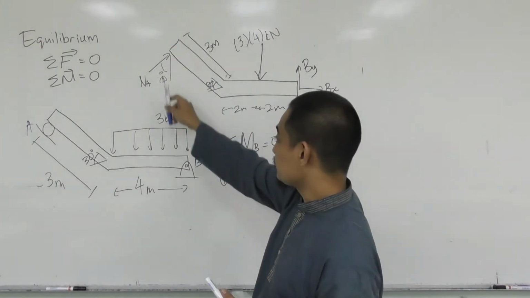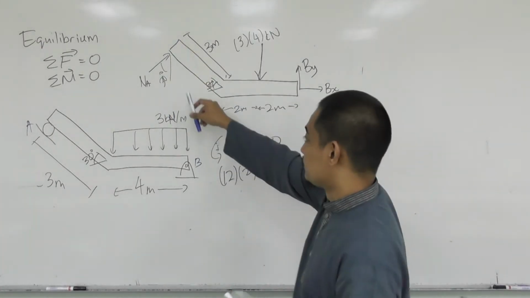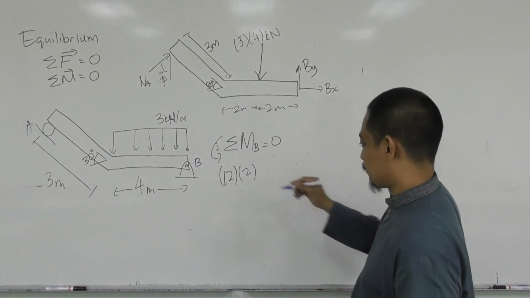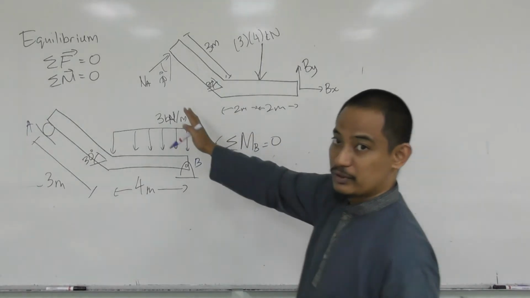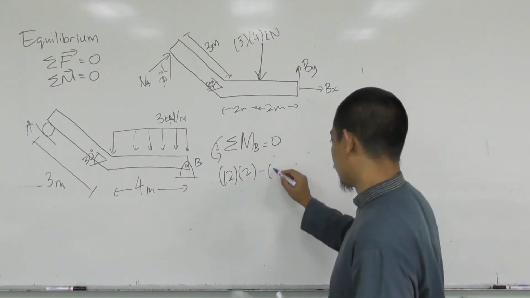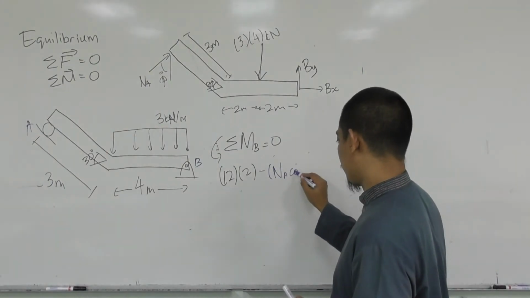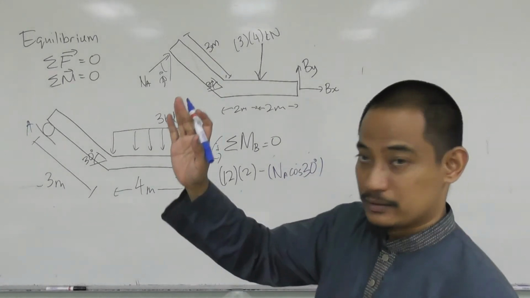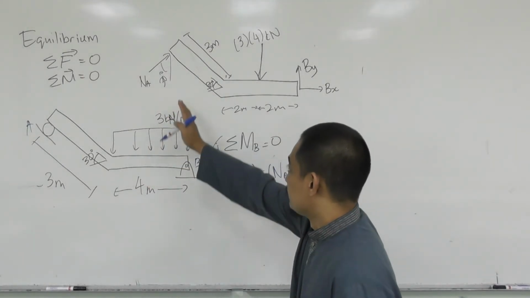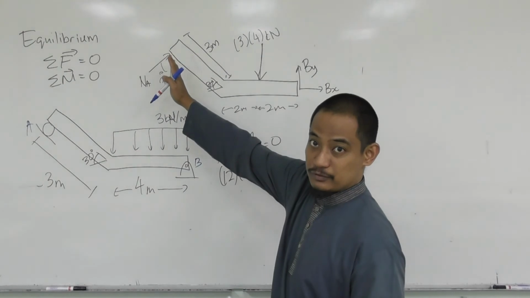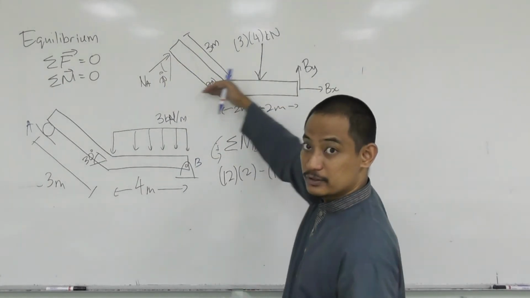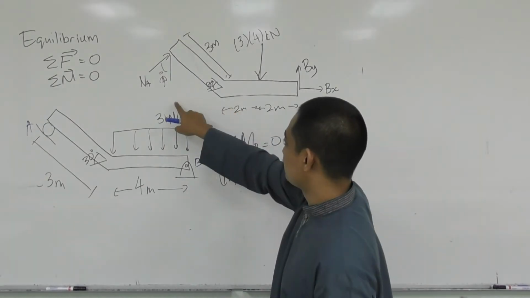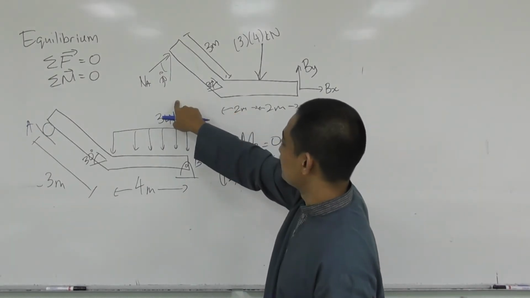So if you consider the vertical component, the vertical component is going to make a clockwise rotation, so minus, and the vertical force is NA cos 30. The distance for this vertical force will be this whole distance here, which means this 4 meters plus 3 cos 30.